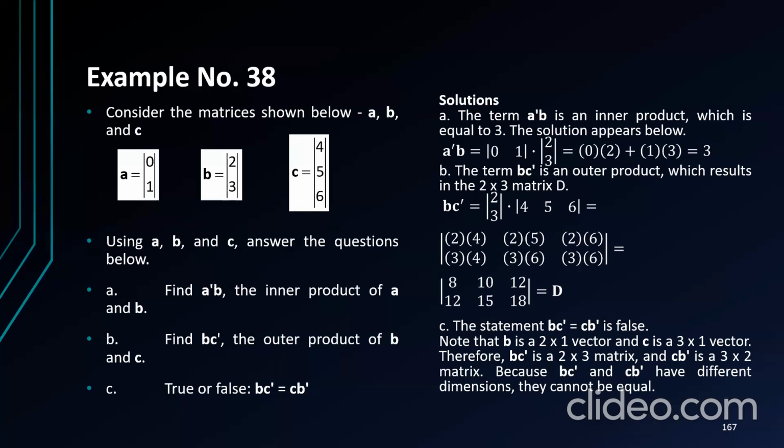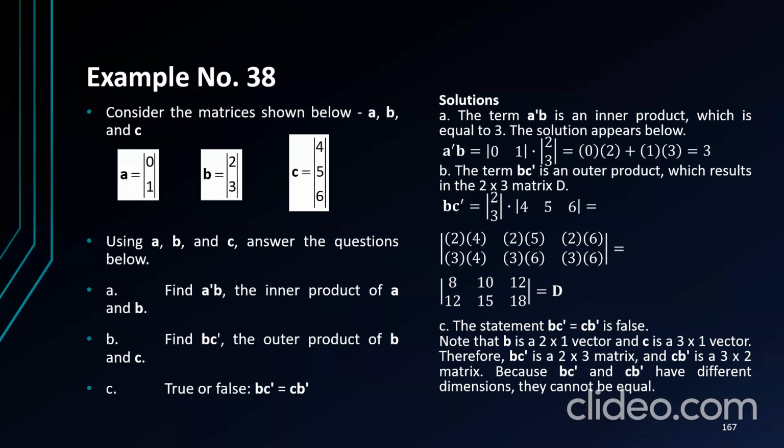Nawala kasi yung solution. So the solution appears below. A prime B is equal to 0, 1. A prime is the transpose of A, the column vector 0, 1, which now becomes row vector 0, 1, times B is 2, 3. So magiging 0 times 2 plus 1 times 3. Di ba? Is equal to 3. So the answer for letter A is 3.